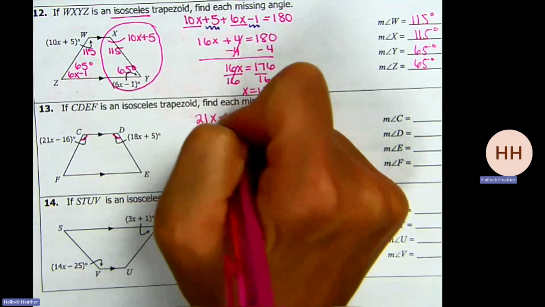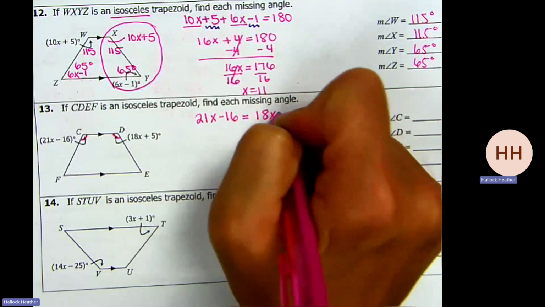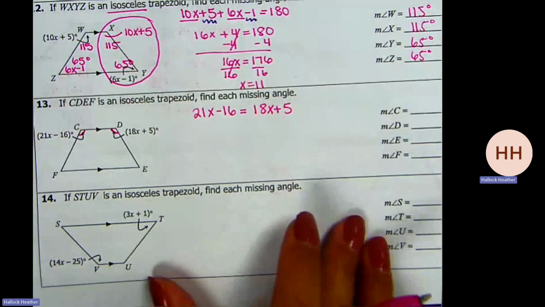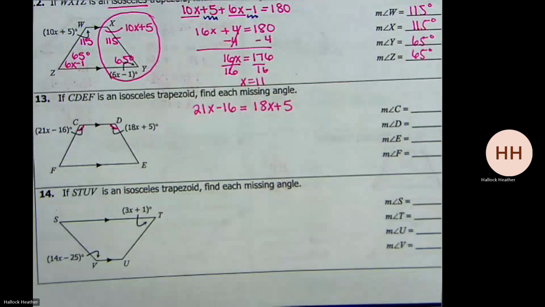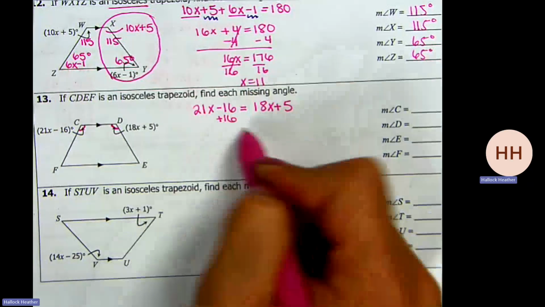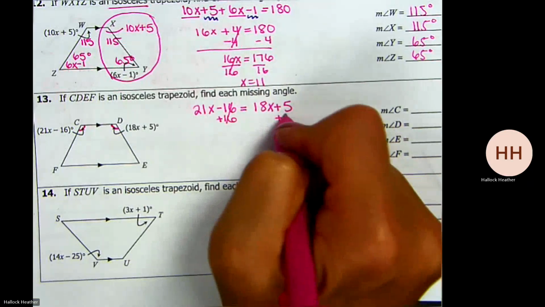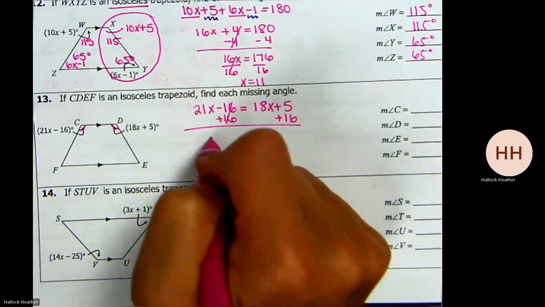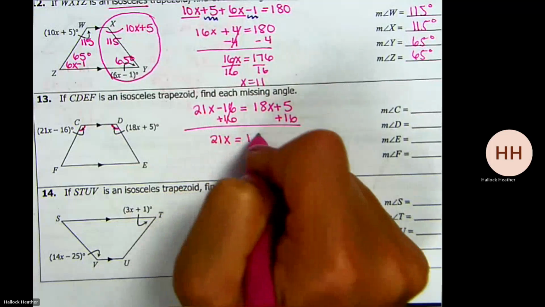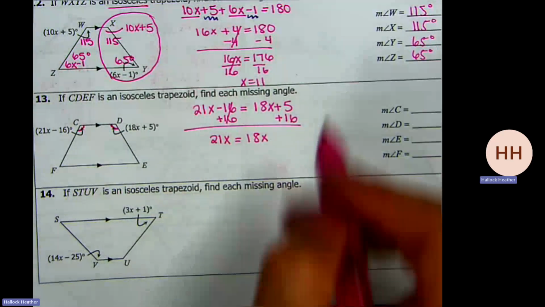So 21x minus 16 equals 18x plus 5. And then I'm going to add 16 to both sides. Because remember, opposite operations, it says minus. So I'm going to add. So 5 plus 16 is 21.